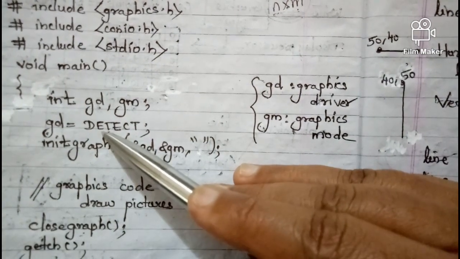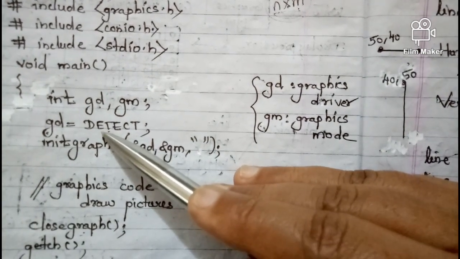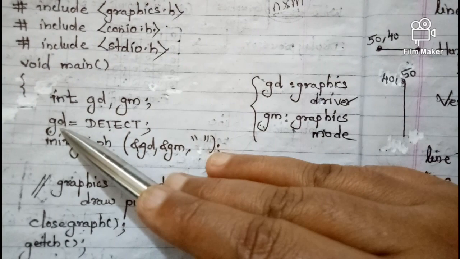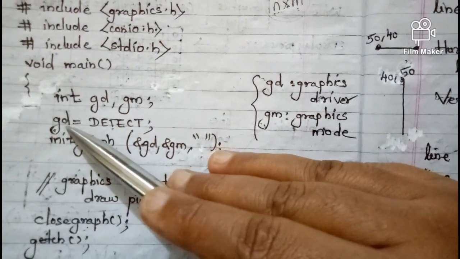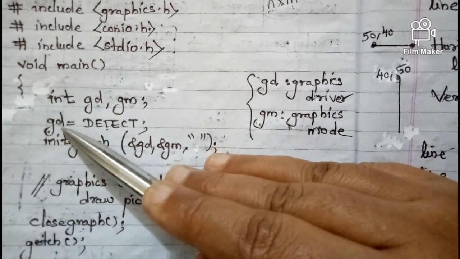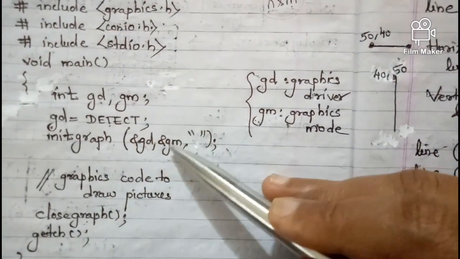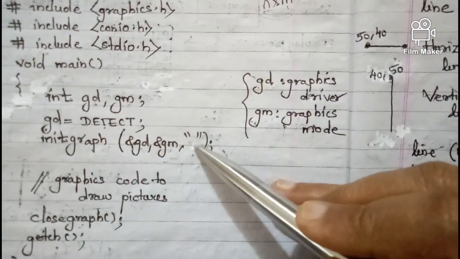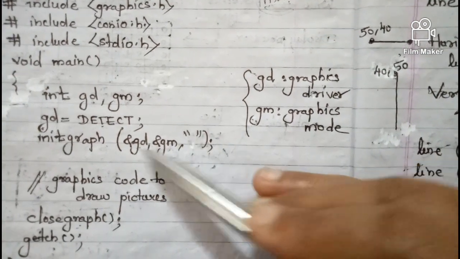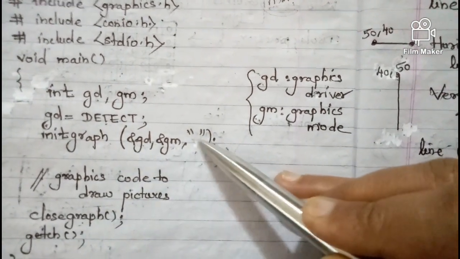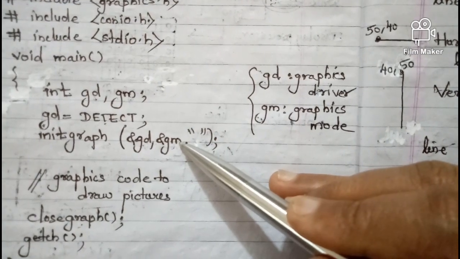Once this statement is executed, the system will automatically detect the graphics driver in your computer system. Once the driver is detected, its address, the address of the graphics mode, and the path of the graphics driver are all automatically substituted in this function.